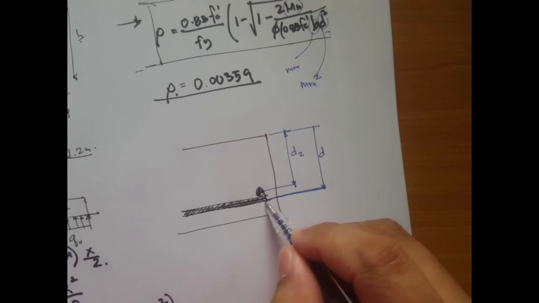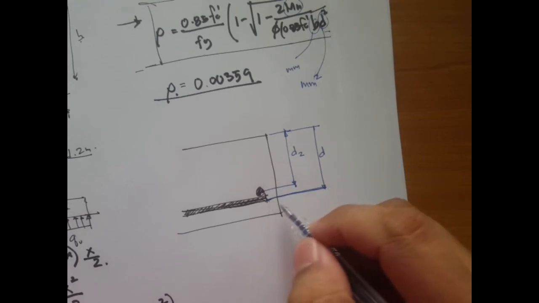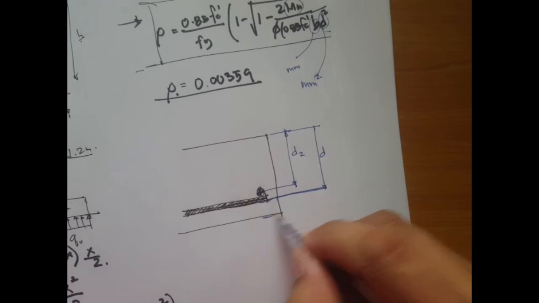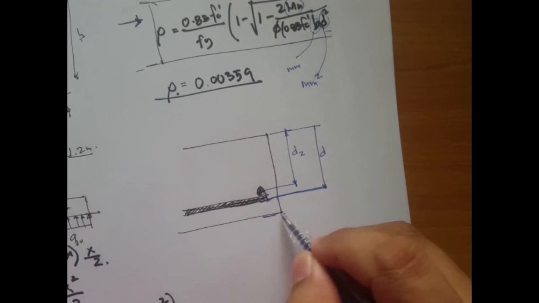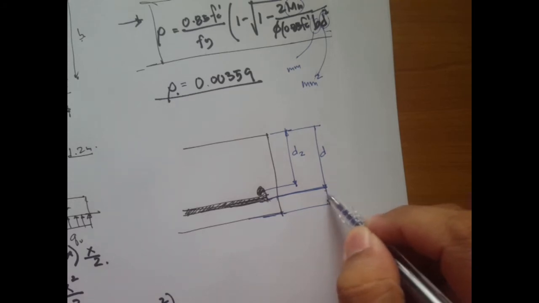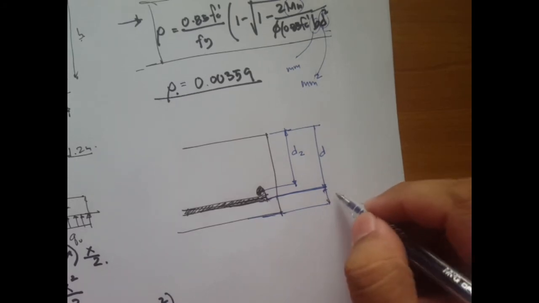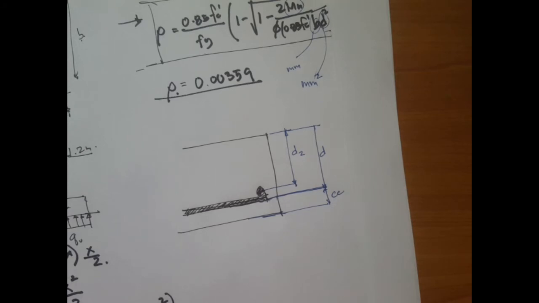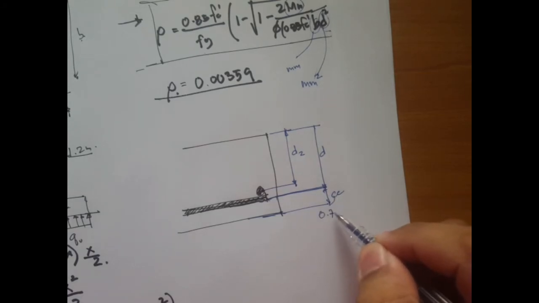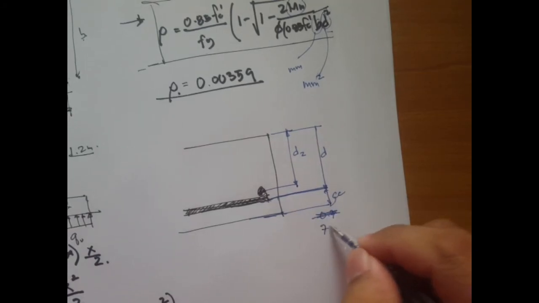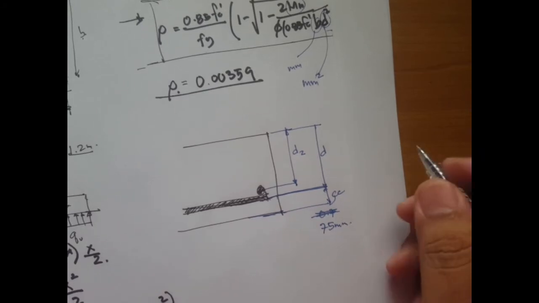And from the bottommost surface of the bottom steel to the bottom of this footing, that's our concrete cover, which is 75 mm.